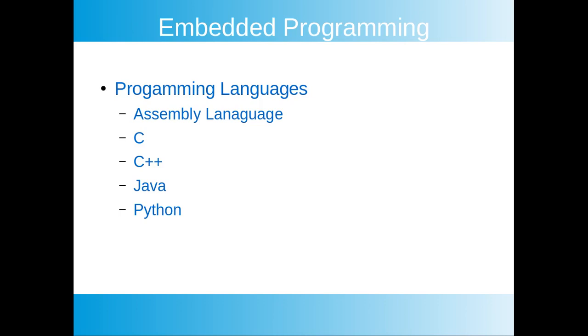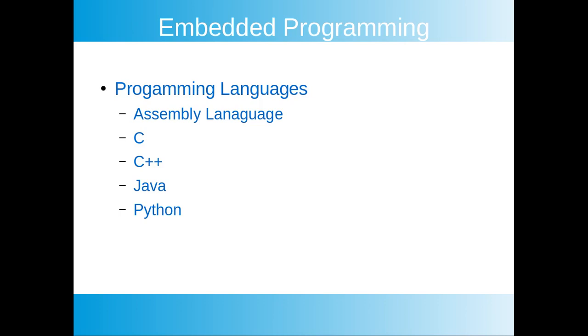So people normally prefer C and C++ over assembly language. C and C++ are compiled languages. It means that the program written in C and C++ can be converted into the corresponding machine code using a compiler.